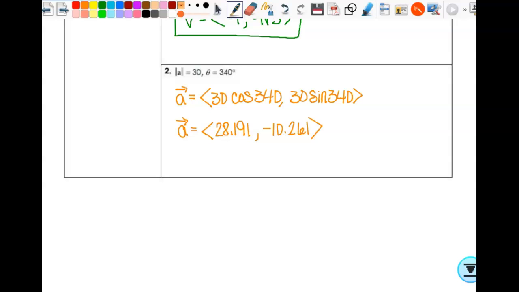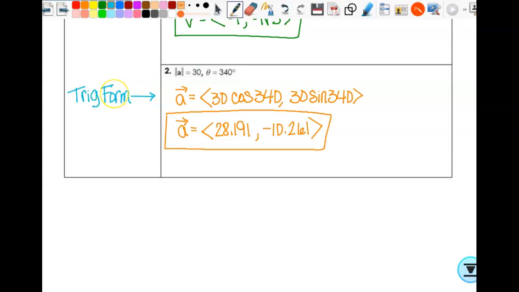This vector is pointing towards which quadrant? Fourth. And this is 340 degrees. So does it make sense that it's the fourth quadrant? Should make sense. Okay, good. So these forms right here, this is the trig form. Trig form literally has trig in it.